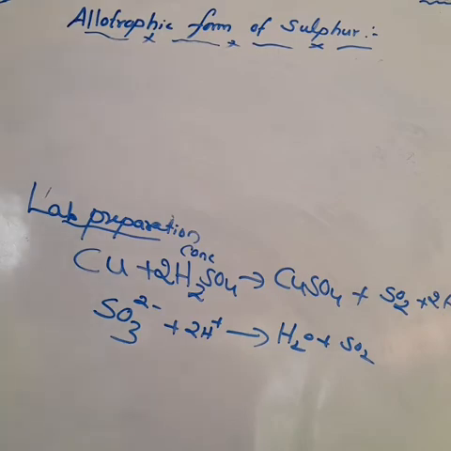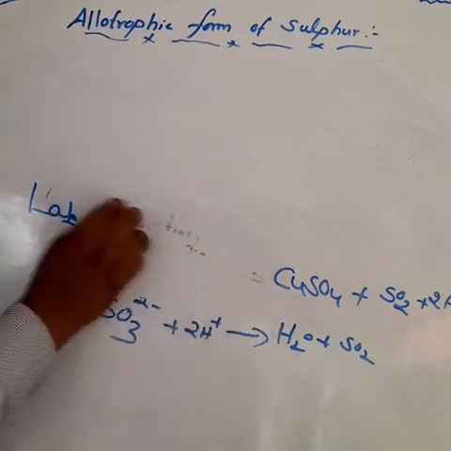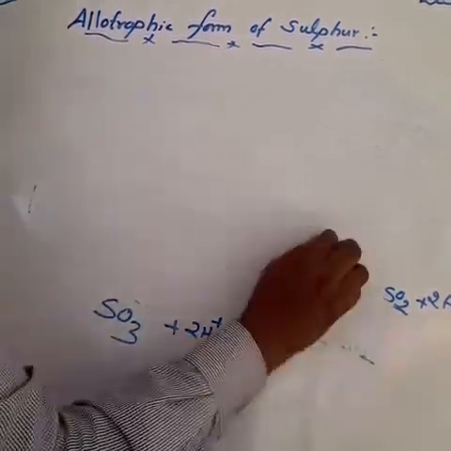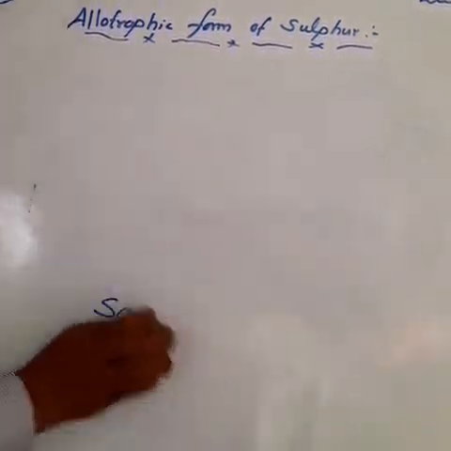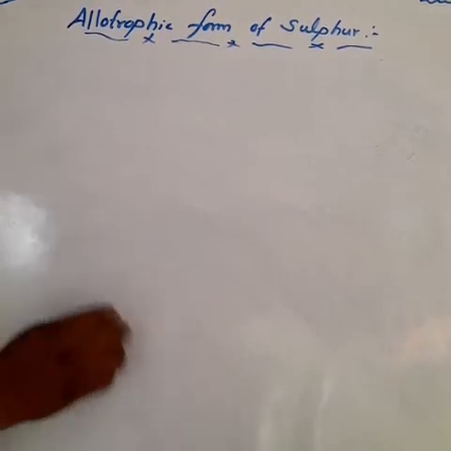Next, about the properties. What are the properties of sulfur dioxide? Sulfur dioxide is found in volcanic eruptions. All of you know that one.